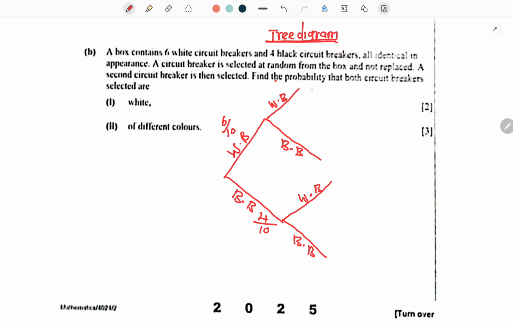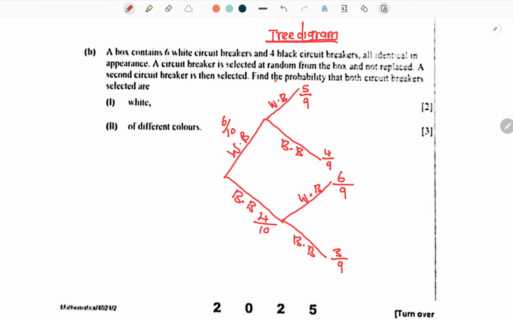Then we assume that what was taken was a white breaker, so this is going to be 5/9. Then this one is just going to maintain like this, but over 9. We also assume that what was taken was a black breaker, meaning this numerator is not going to change. What is going to change is the denominator, so this is eventually going to be 3/9.